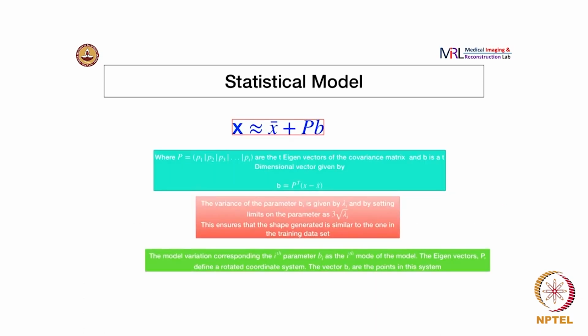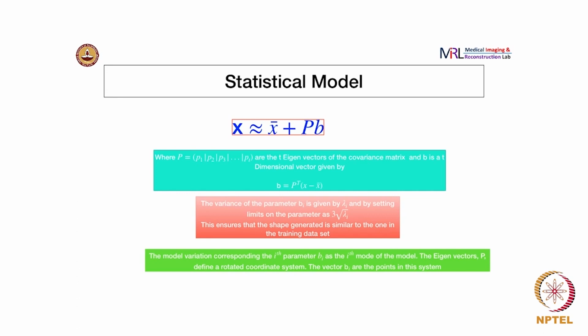Just to recap a bit, there are a couple of points I would like to reiterate. Now we have the shape parameters B, corresponding to each of the new axes that we have estimated from the PCA. The lambda i, which are the eigenvalues corresponding to each of those new eigenvectors, describe the variance along that axis.